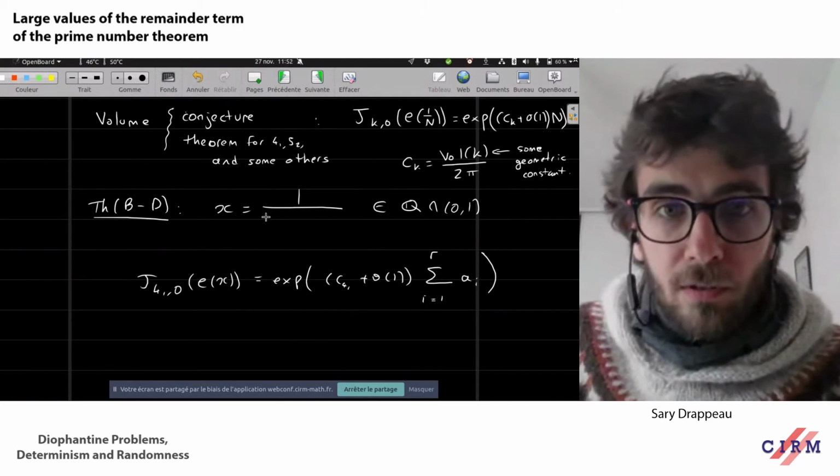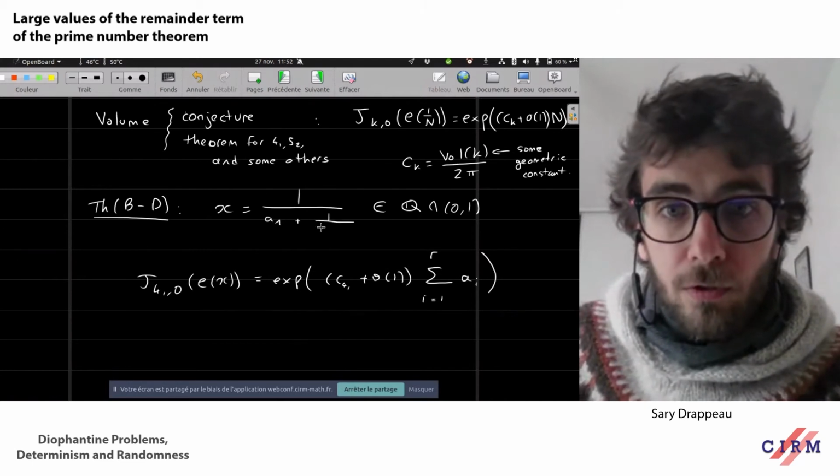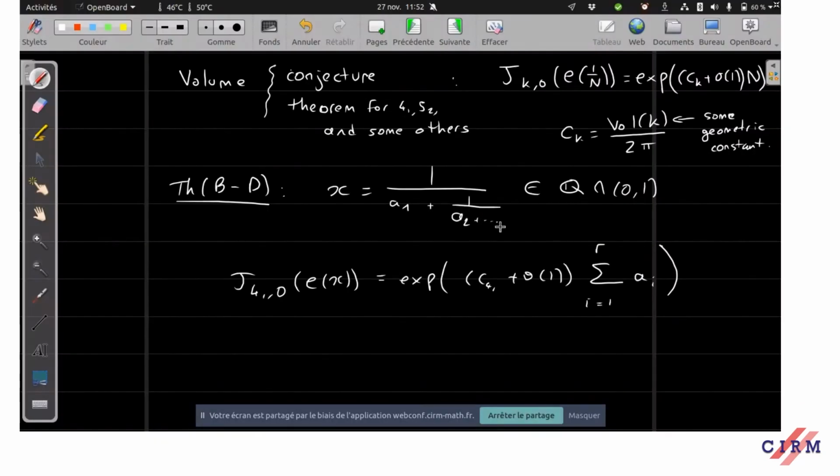Well, simply, yes and no. It's the continued fraction expansion of x. And if you use a classical notation for the continued fraction expansion, r is the length. And this asymptotic formula holds as the mean value of the a_i tends to infinity.